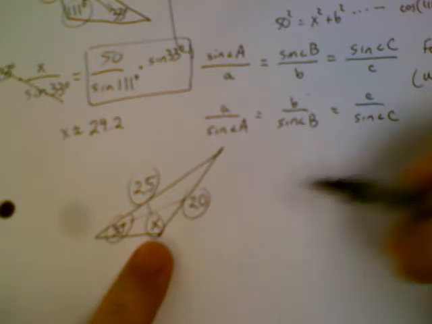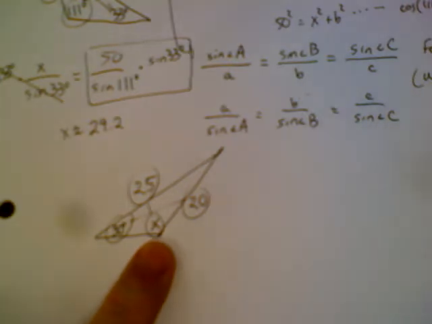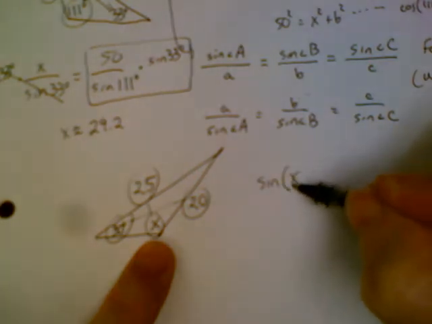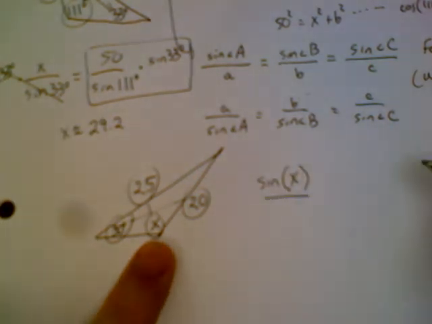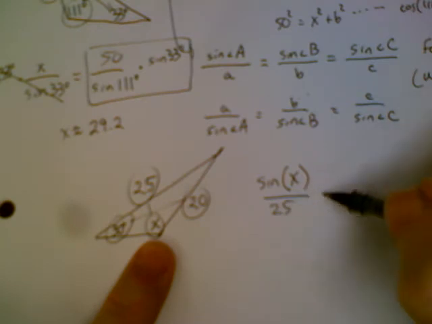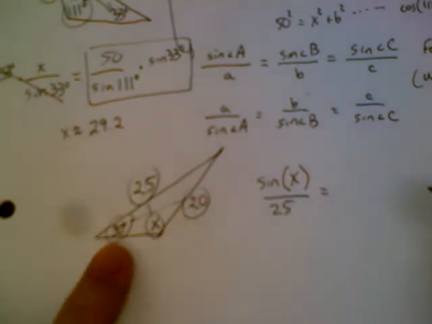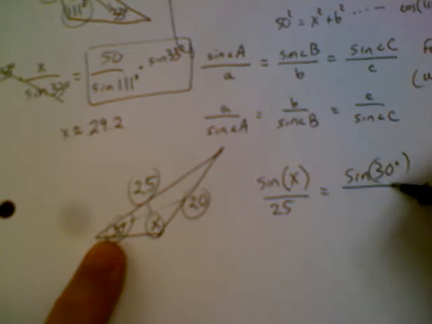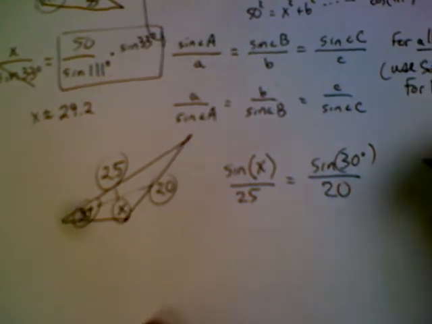I'm going to put the x in the numerator. I always like to put the x in the numerator, but this x is an angle, and so I've got to write sine of x over the side across from it, 25, is equal to the sine of 30 degrees over the side across from that, 20. This takes just a little bit more algebra to solve than the previous problem.